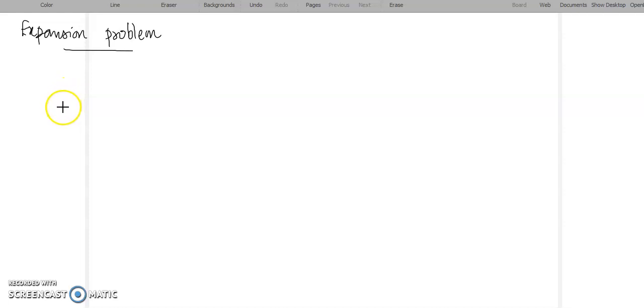Hello, so in last class we have seen what is an orthonormal system, and in today's class we will look at what is called an expansion problem.